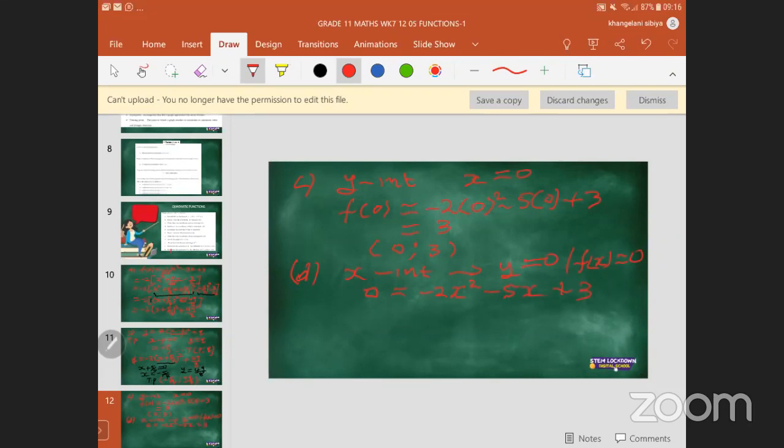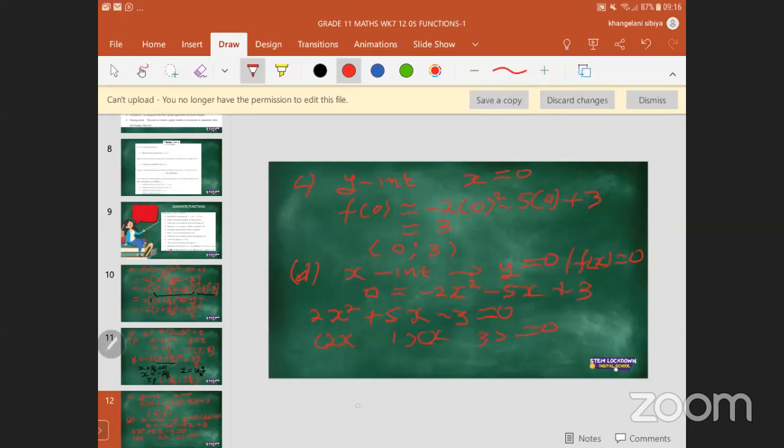Obviously, you transpose everything because your 2 is negative. So this would be positive 2x squared plus 5x minus 3 equal to 0. Then what next? You factorize. You get the factors for this one. This is your term 1 work. The factors for 2x squared obviously would be 2x and x. The factors for 3 that will give you 5 would be 1 and 3.